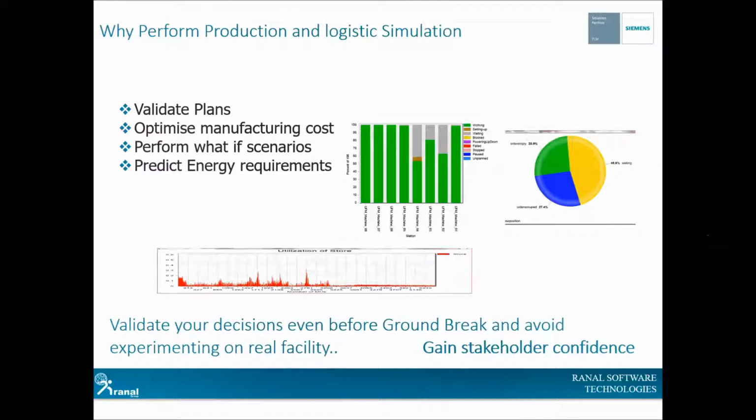So now let's get a little closer to what and why you should perform production and logistics simulation. It helps in validating your plans. Today you might be generating your production plans using planning solutions, from your ERPs, or maybe from your Excel based approach.